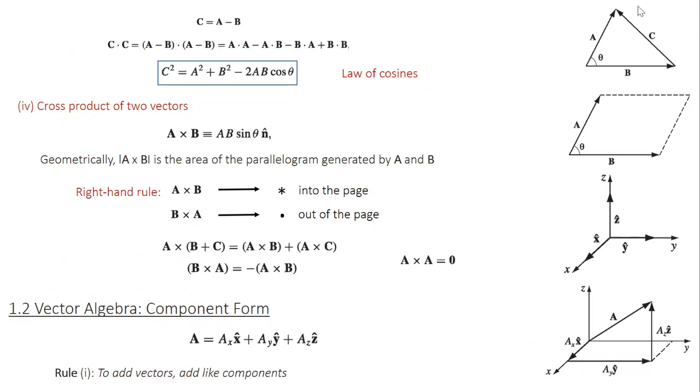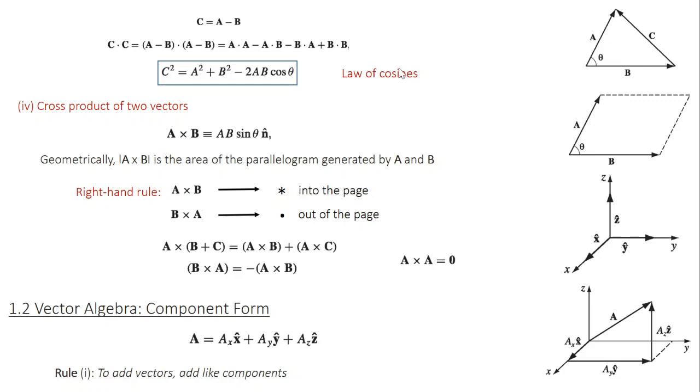Now if you take this particular configuration, here vector B and vector C are arranged in head to tail manner, meaning the third side A will be the sum of B and C. So you can write C equals A minus B. When you take the dot product of C with itself, C dot C equals (A minus B) dot (A minus B), which you can expand as A dot A minus A dot B minus B dot A plus B dot B. Now C dot C equals C squared, which is equal to A squared plus B squared minus 2AB cos theta, which is the famous law of cosines.